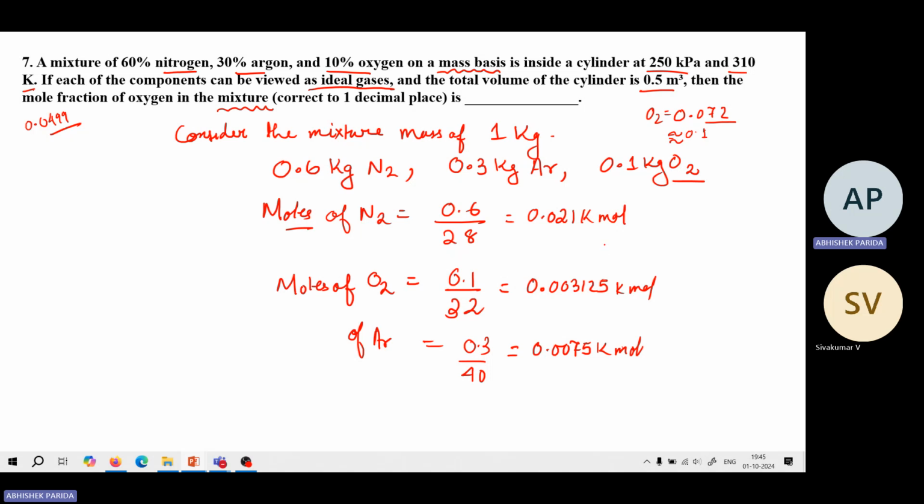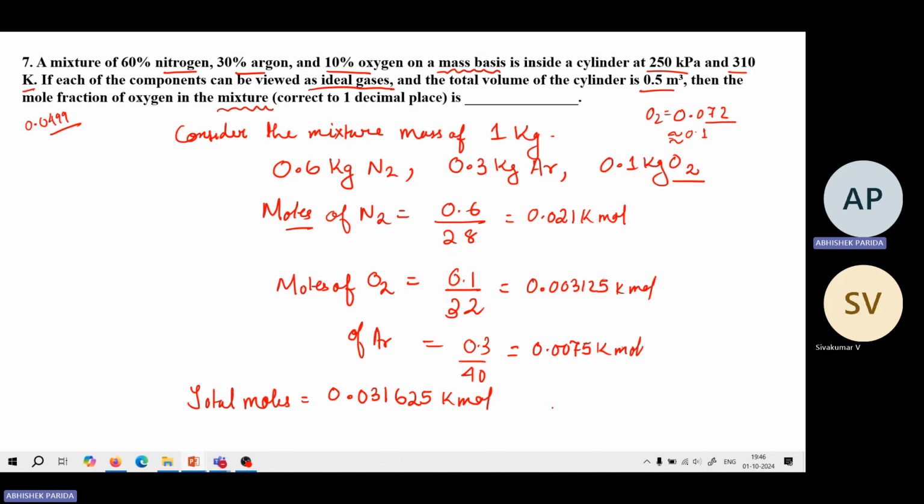Now, the next thing that you have to do is the summation of total moles. Total moles, I'm getting 0.031625 kilomole.